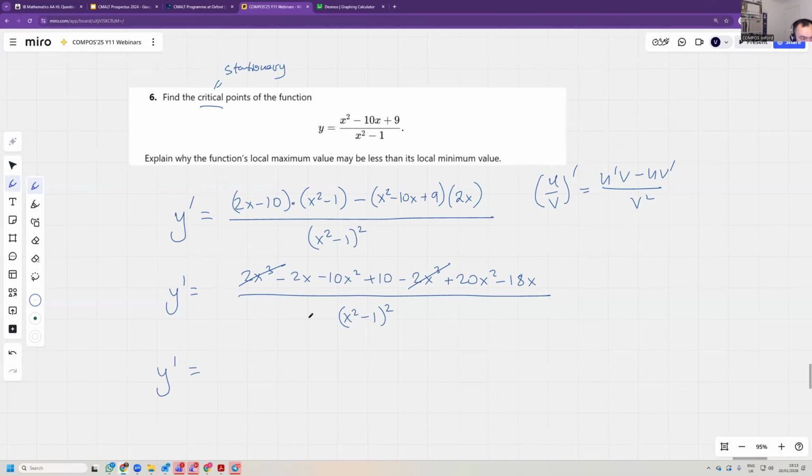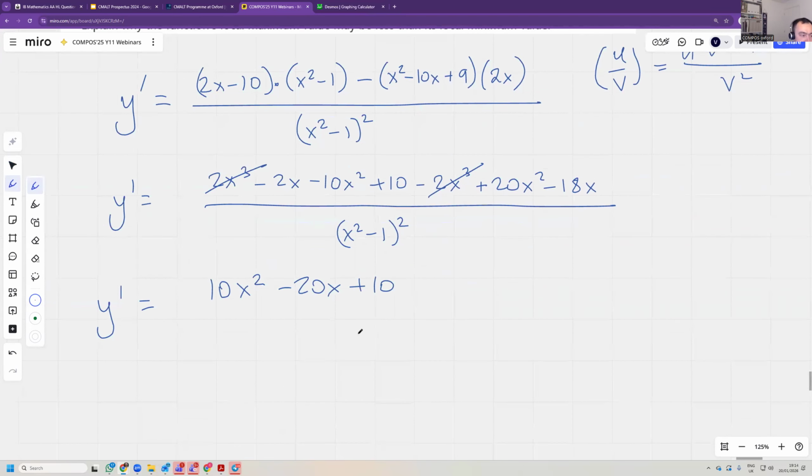So y dash is 10x squared minus 20x plus 10, and that is over x squared minus 1 squared.